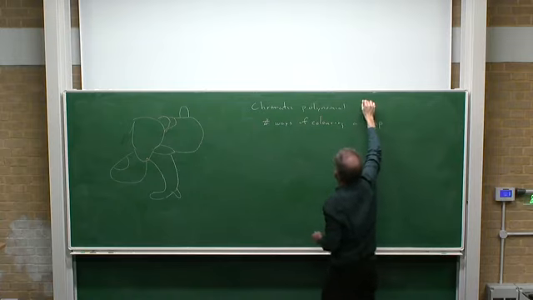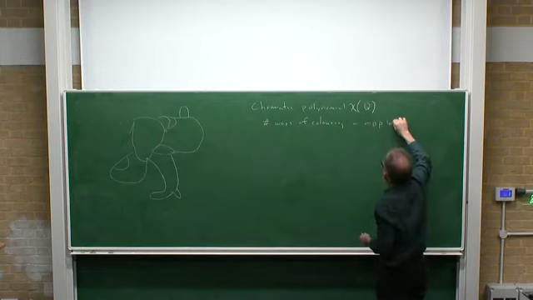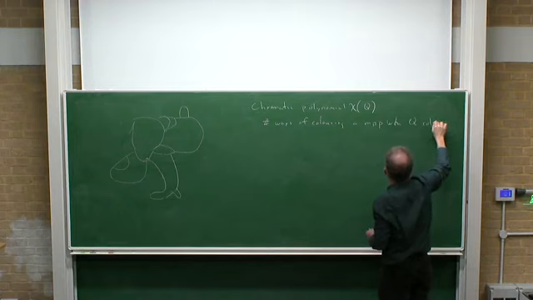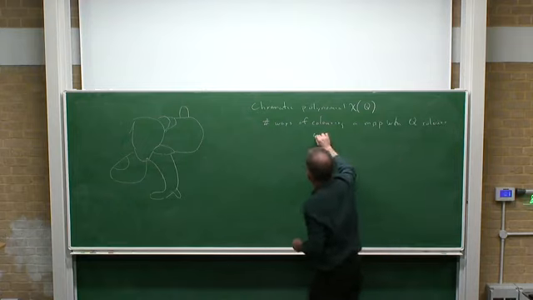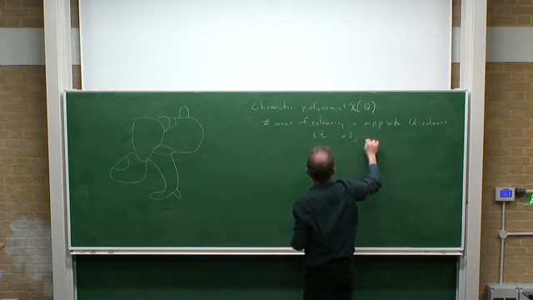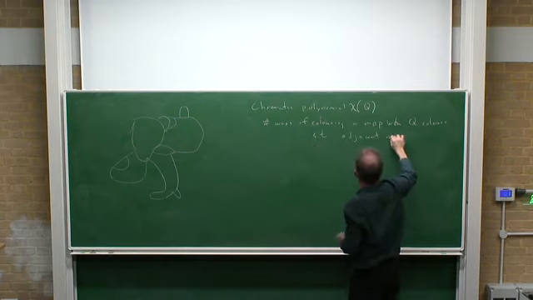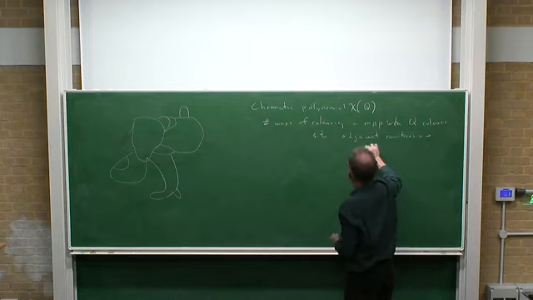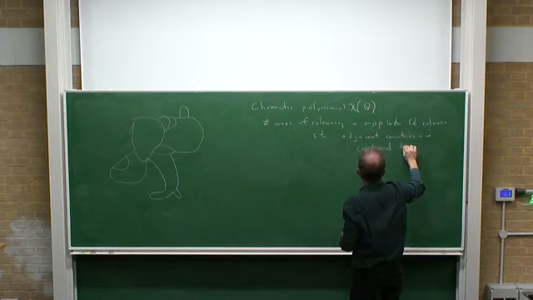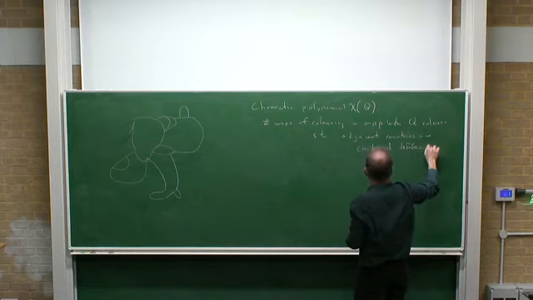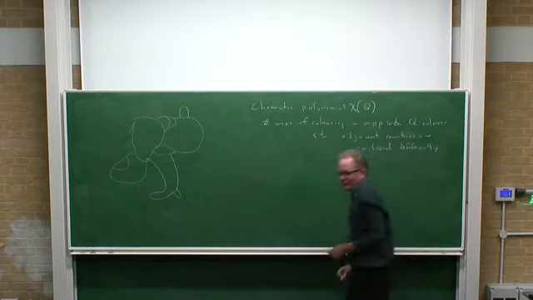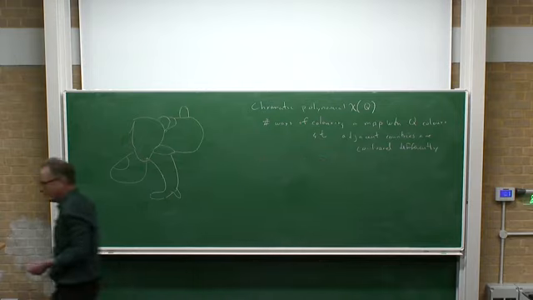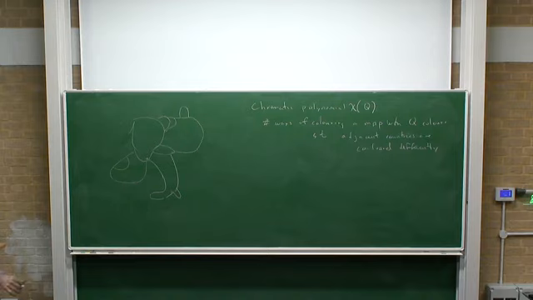So this is a function of q, pi of q, with q colors, such that adjacent countries are colored differently. As an American, I just spelled color incorrectly 3 times in the same sentence.